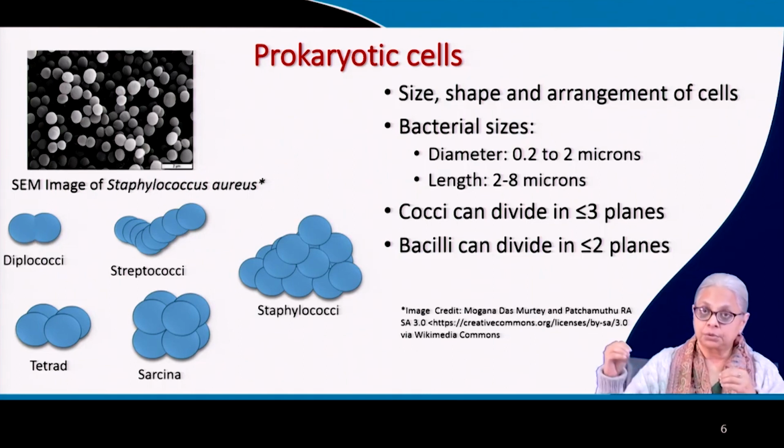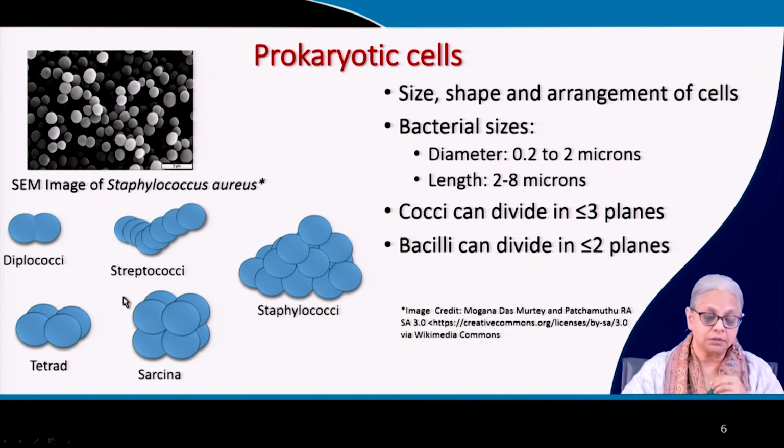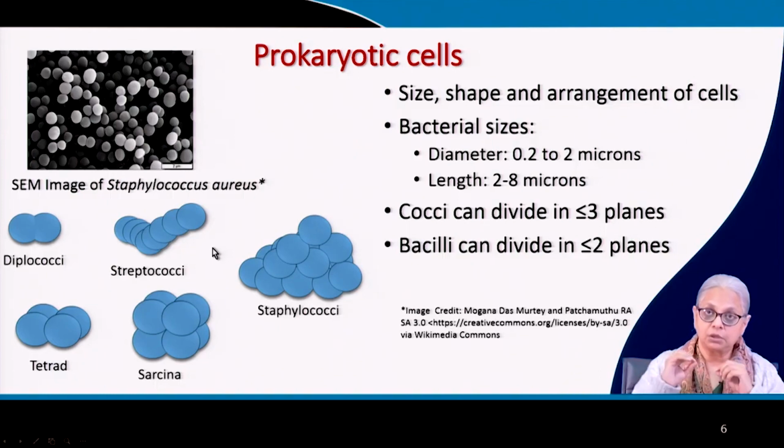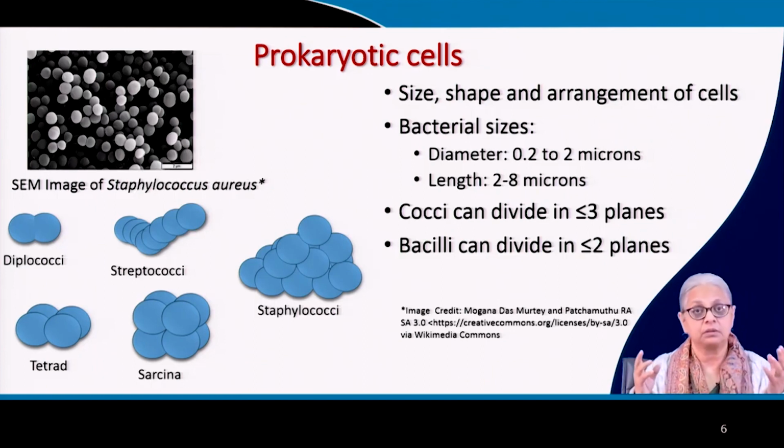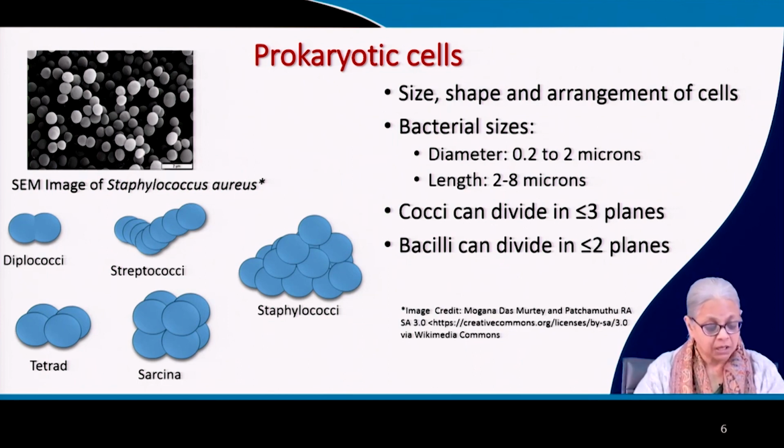If it continues to split and forms a chain, it's called streptococci. Streptococci is a long chain of coccoid cells. They are all independent. If you split one of the cells away from the chain, it will live independently and continue to reproduce and go through the same phenomenon all over again.